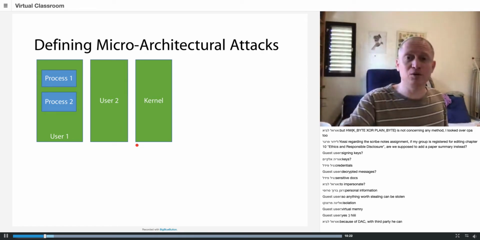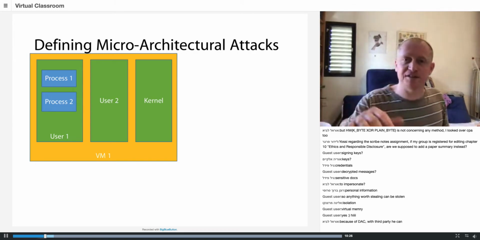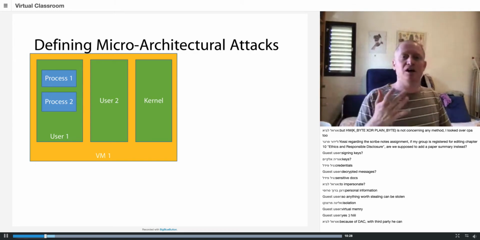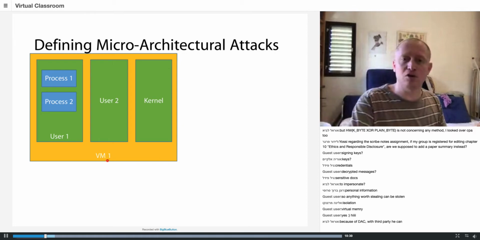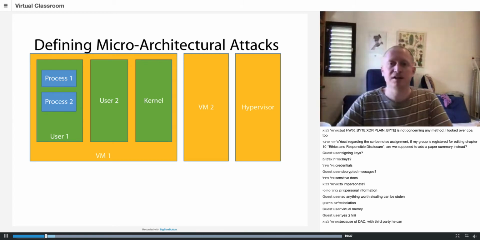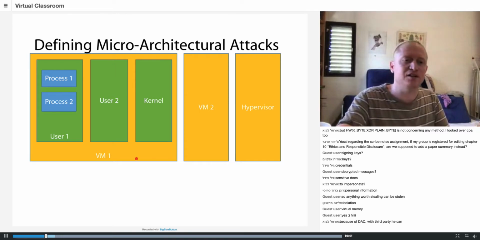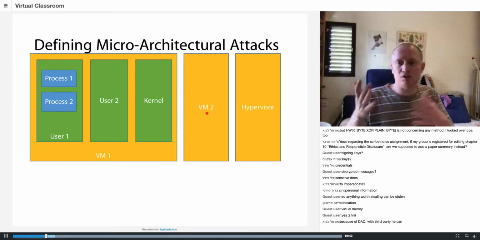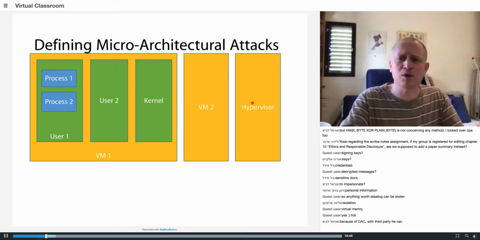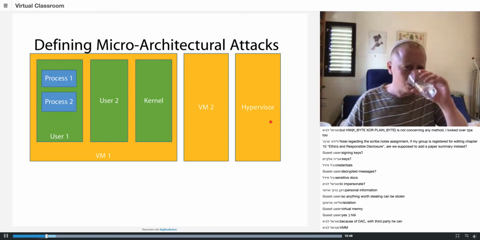And if we continue even further, there could be a virtual machine system, and a virtual machine. All of these processes, including the kernel, think that they're running on their own hardware, but in fact, there are other virtual machines sharing the same hardware. So of course, VM1 does not even know that VM2 exists, even though they're on the same hardware. And does anybody know what this fellow is? What's the hypervisor? Anybody heard about it?